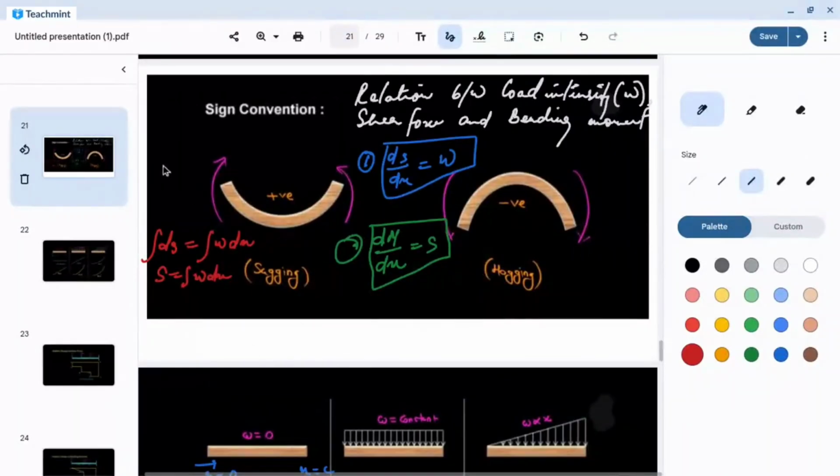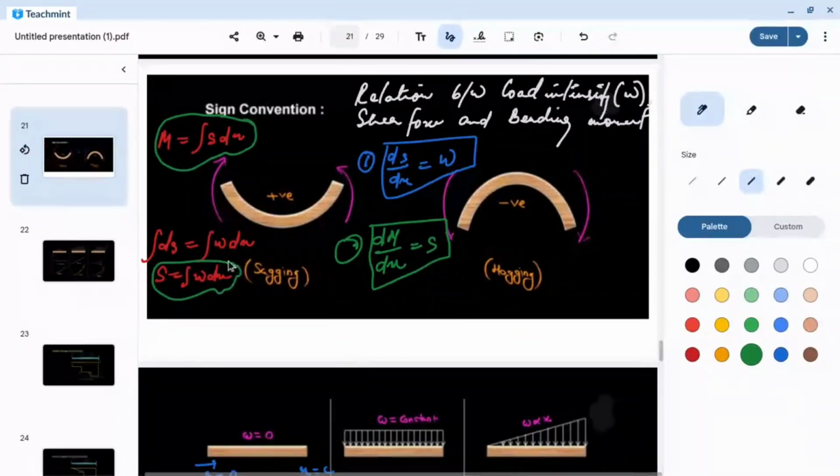Likewise, your moment is equal to the integration of shear force with respect to dx. These are the relations between load intensity, shear force, and bending moment.